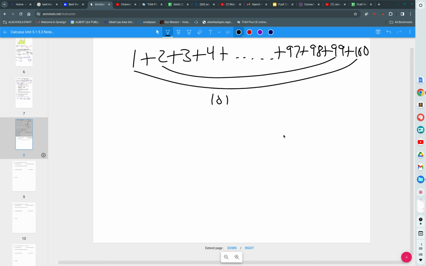And 2 plus 99 is 101. And how many sets of those are there? There's 50. So it will always be however many you have divided by 2, times the first one plus the last one. He said that's what they add up to all the time. Smart guy, wasn't he?